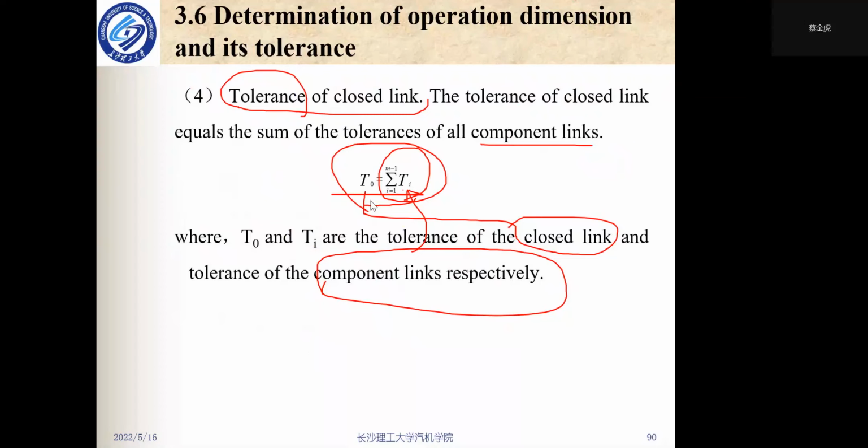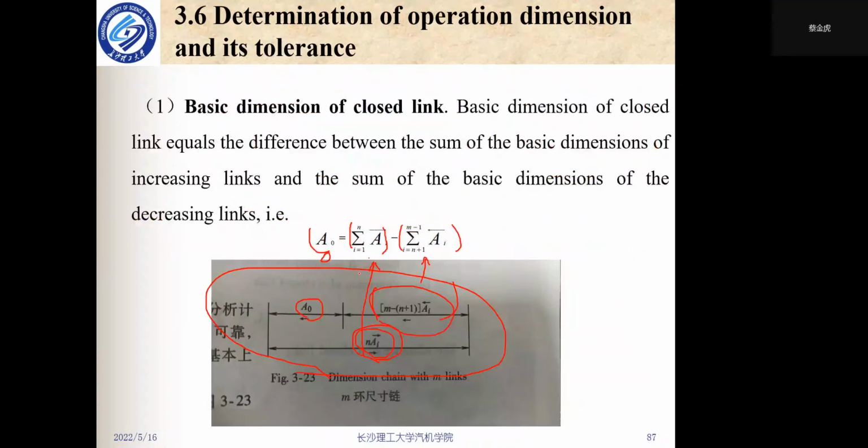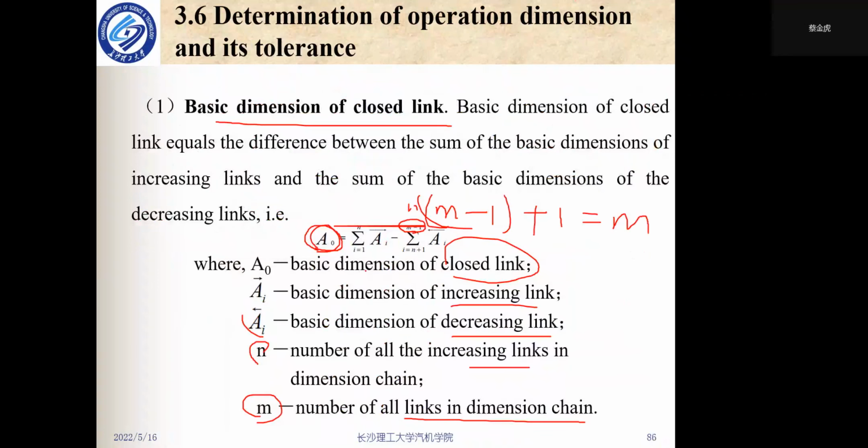So we have learned a lot. We have learned these equations, these definitions, and it is important in this class, and it is used to draw the dimension chain and to calculate the dimension chain.